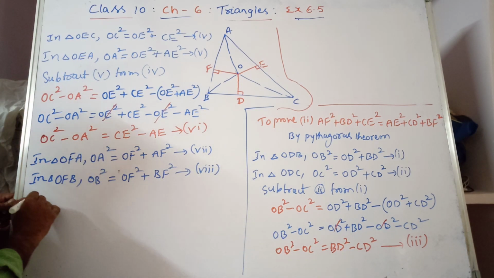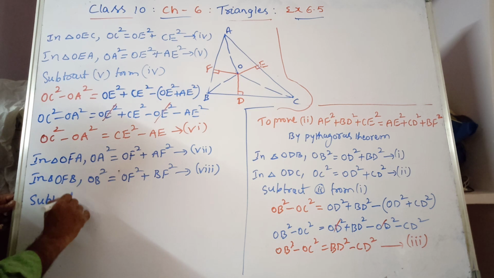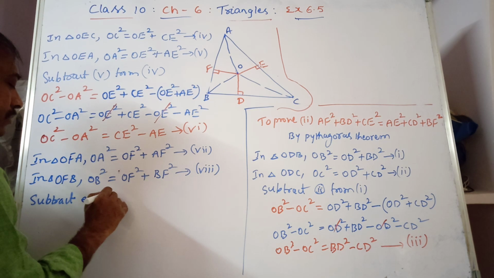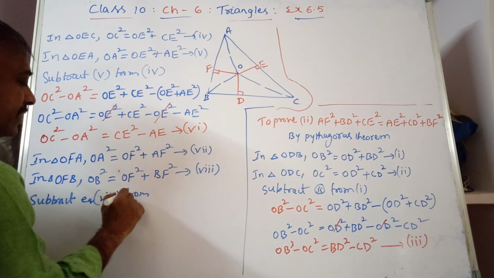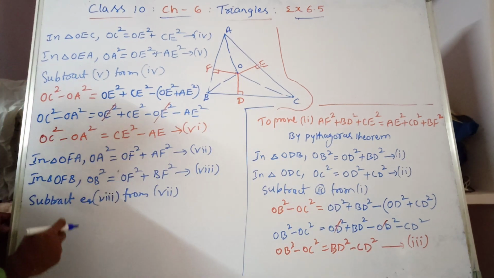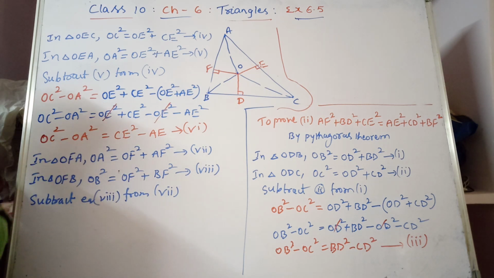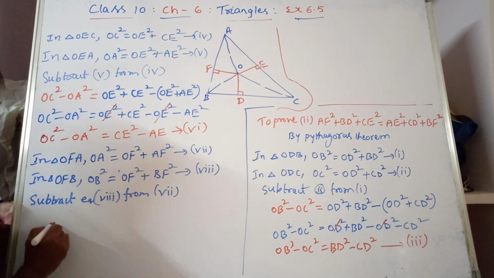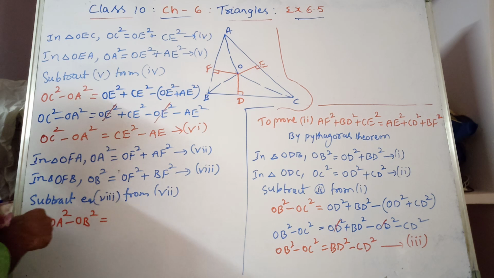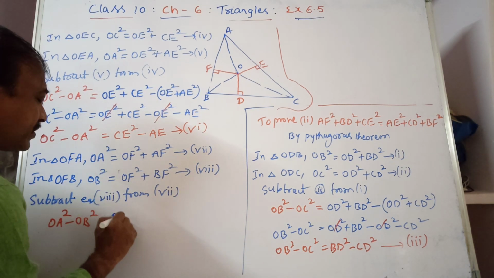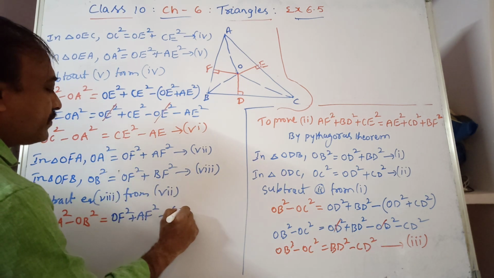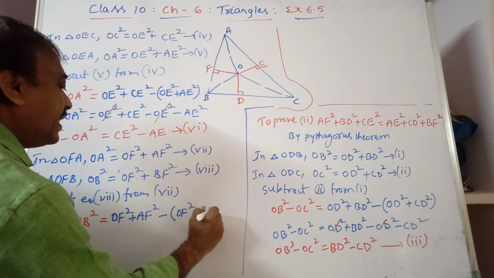Now subtract equation 8 from 7. When we subtract, on the LHS OA square minus OB square is equal to OF square plus AF square minus of OF square plus BF square.